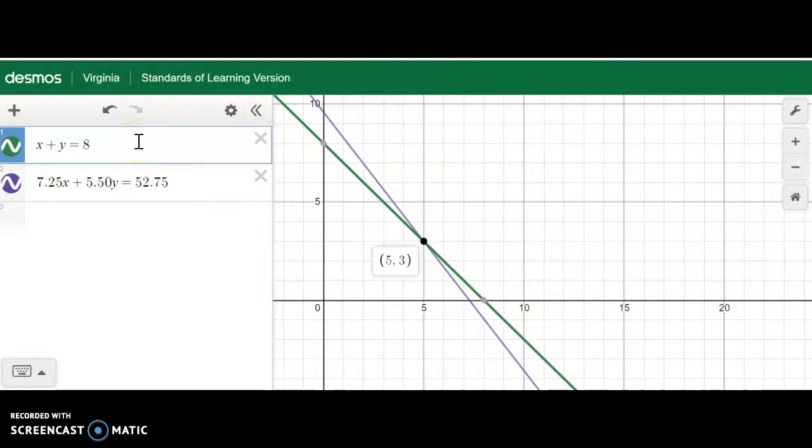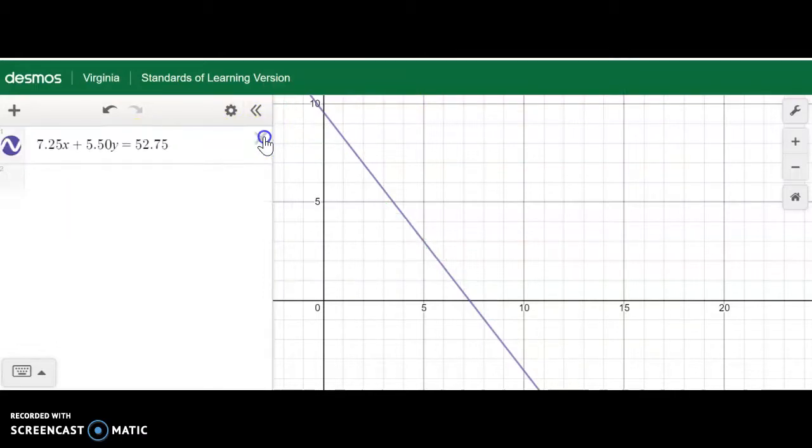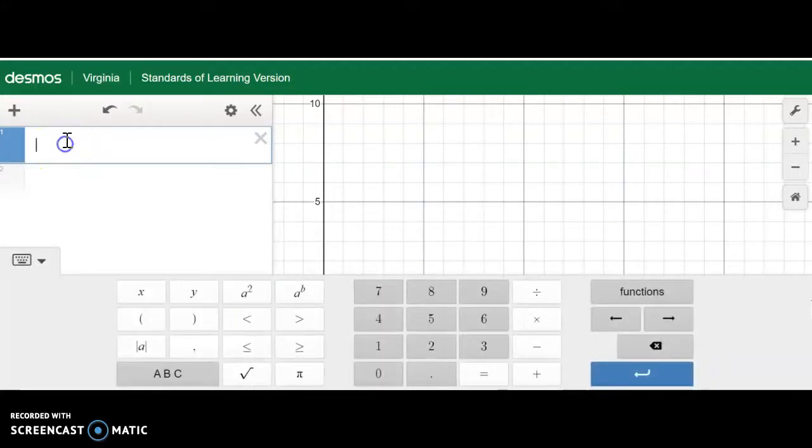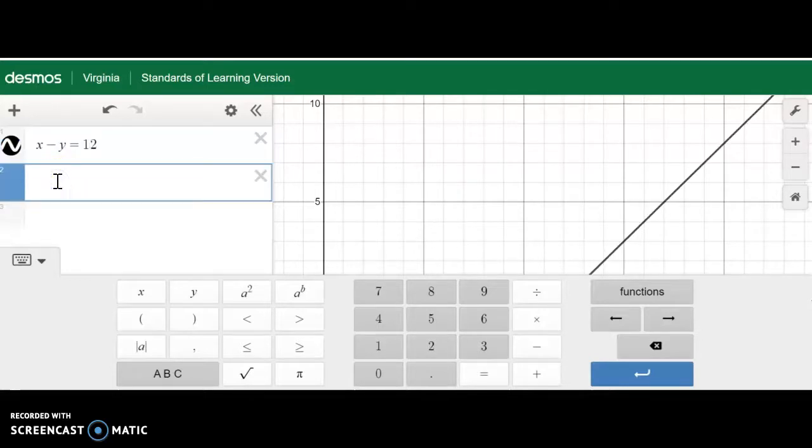So we have X minus Y equals 12, and again, it doesn't matter which one we put in first, and X plus Y equals 50.